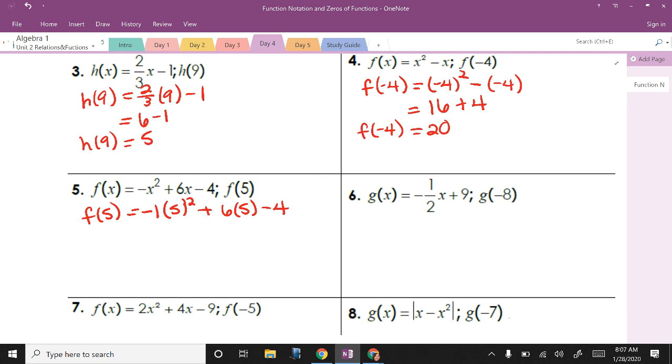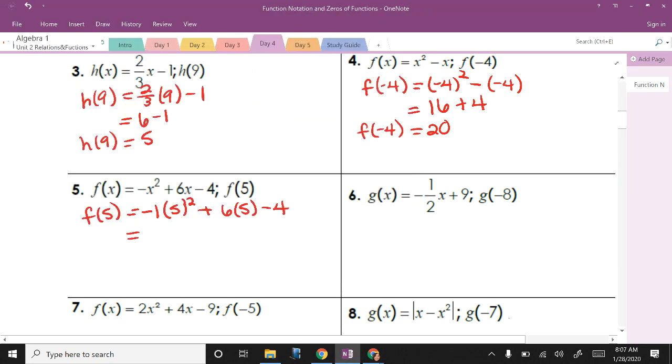So that's -1 times 25, which is -25. This one's right, this one's wrong. Got it? Okay. So you're not squaring -5, you're squaring 5 and then multiplying times -1. Does that make sense? So be very careful about your signs. That should be a -25.